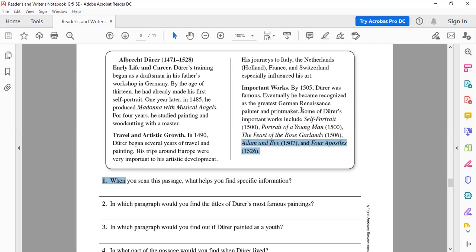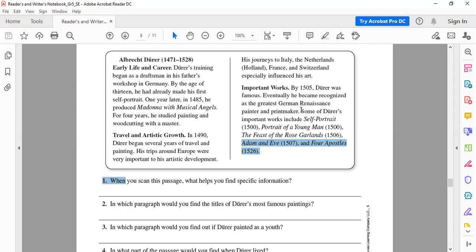Travel and artistic growth. In 1490, Dürer began several years of travel and painting. His trips around Europe were very important to his artistic development. His journeys to Italy, the Netherlands, Holland, France, and Switzerland especially influenced his art. Important works. By 1505, Dürer was famous.